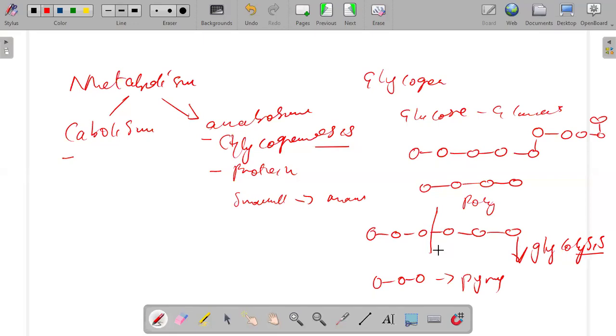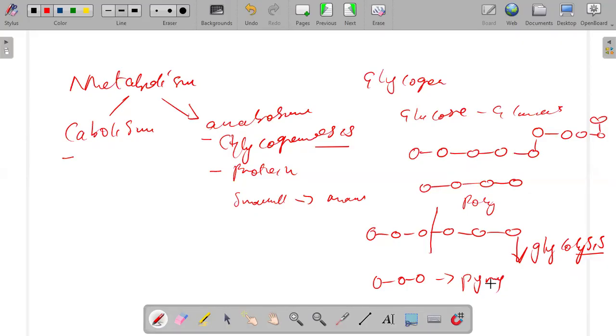So if we break a glucose molecule into a smaller unit, pyruvate, which is a 3-carbon molecule, we are coming from a 6-carbon molecule to a 3-carbon molecule. So we undergo glycolysis, then we form pyruvate. So that is catabolism. We have a more complex molecule, which is a glucose molecule, and we break it into 2 equal parts.